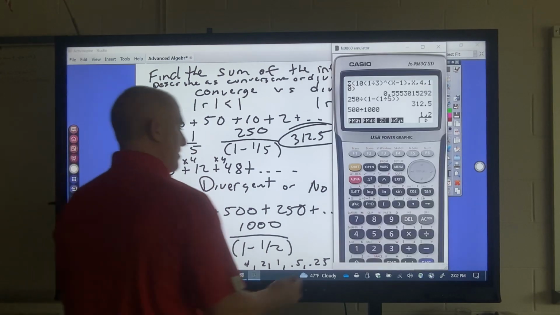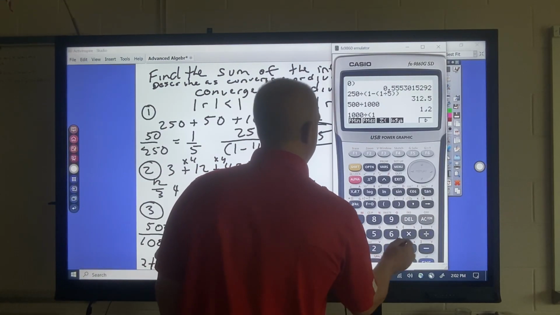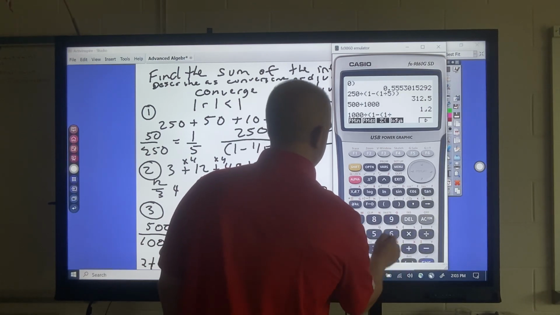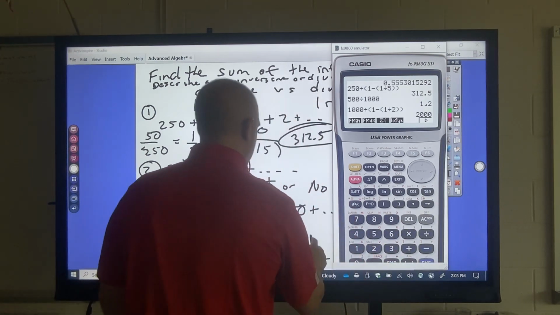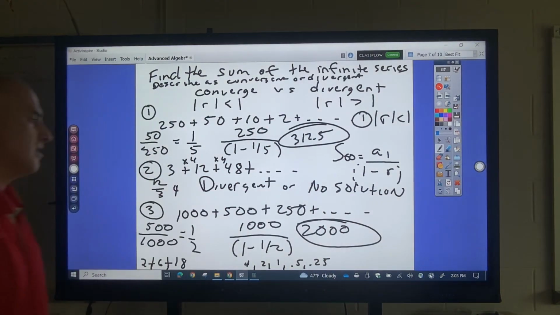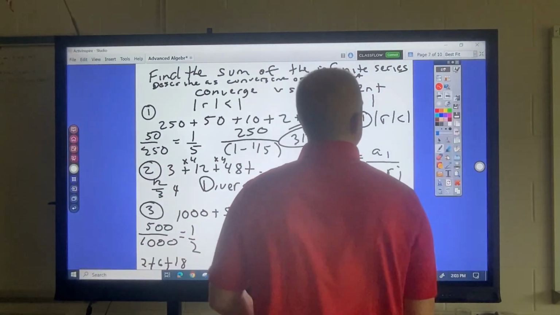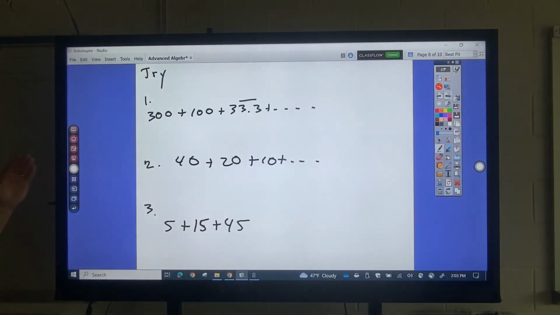Now I can come up with an answer: 1,000 divided by 1 minus 1/2 gives 2,000. And you can see it's quickly decreasing. So go ahead and find those.